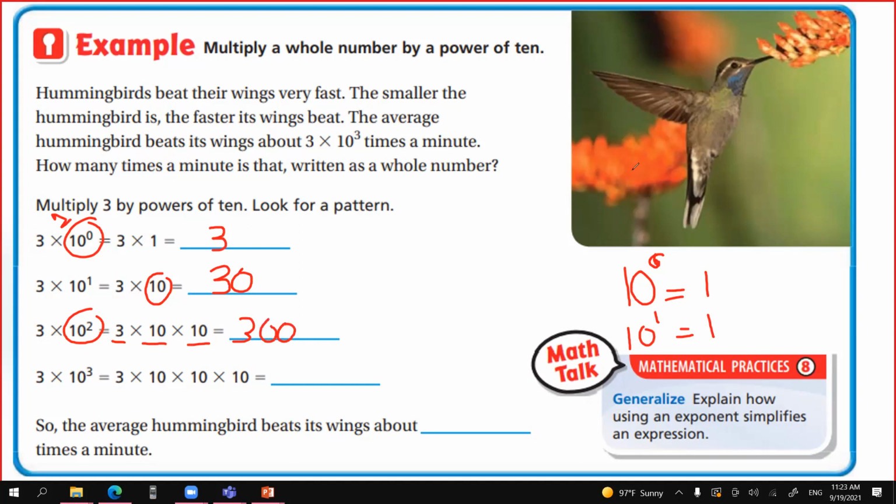The last one: we have 3 and 10 times 10 times 10, which is 1,000. So it has 3 zeros, so it will be 3,000. So 3 times 10 to the power 3 equals 3,000. So the average hummingbird beats its wings about 3,000 times a minute.